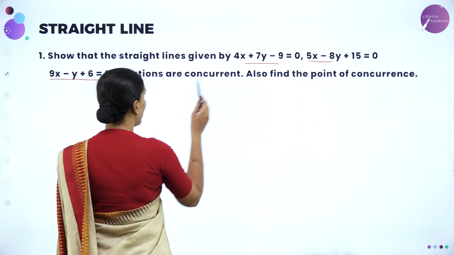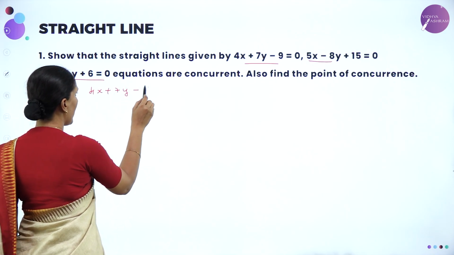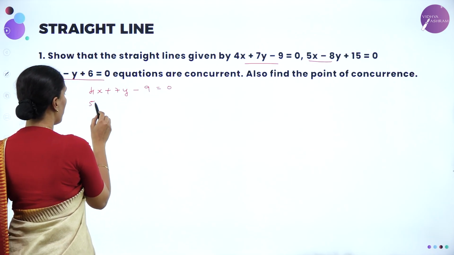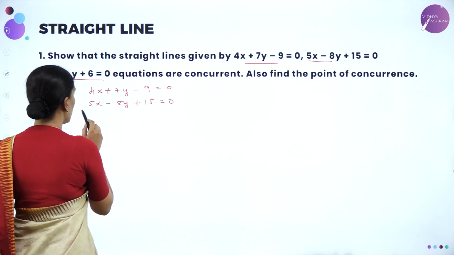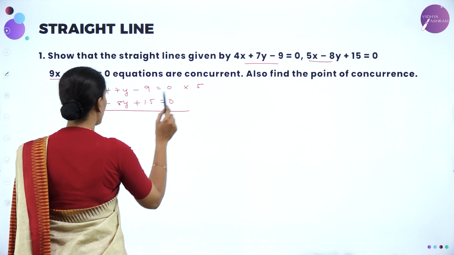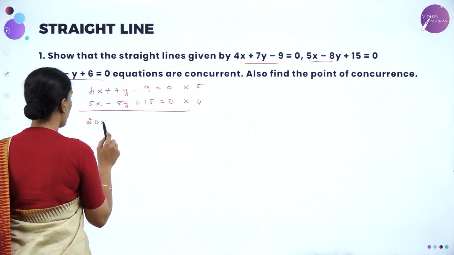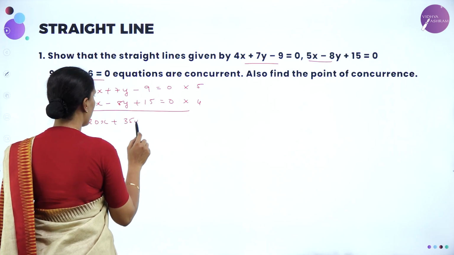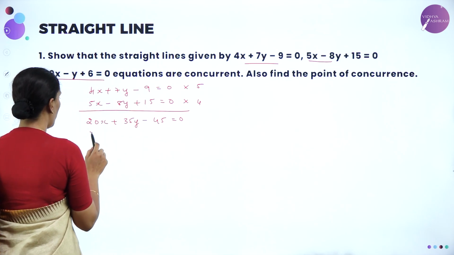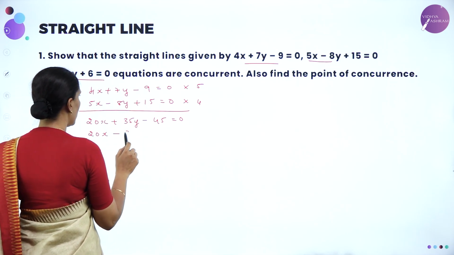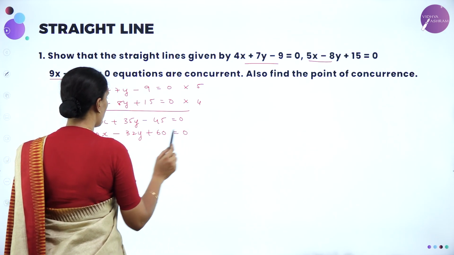So, I am considering the first two equations. 4x + 7y - 9 = 0 and 5x - 8y + 15 = 0. Here I am multiplying by the coefficient 5 and here I am multiplying by 4. So this becomes 20x + 35y - 45 = 0, and here 20x - 32y + 60 = 0.